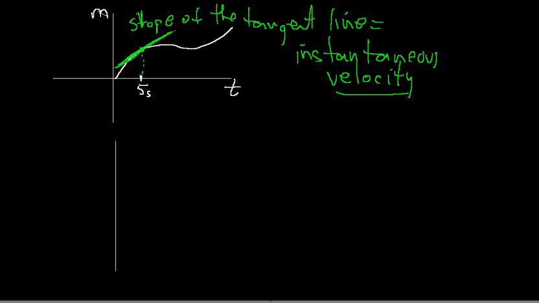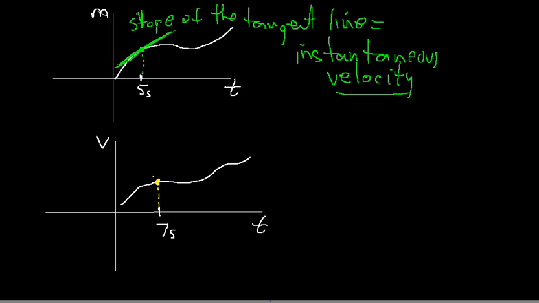Now for acceleration, as you might guess, acceleration, on the other hand, is going to be a velocity versus time plot. So if I have some curve over here and I want to know, say right there at this time of, let's say, 7 seconds, what is my acceleration right here at this point on this curve, this instantaneous acceleration.